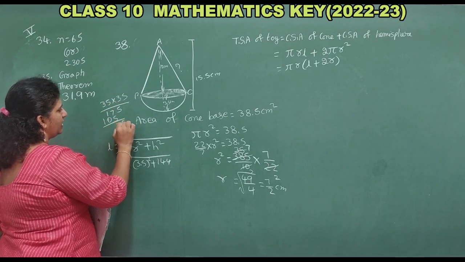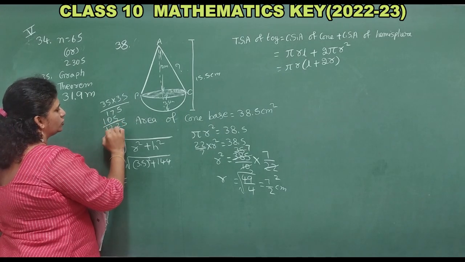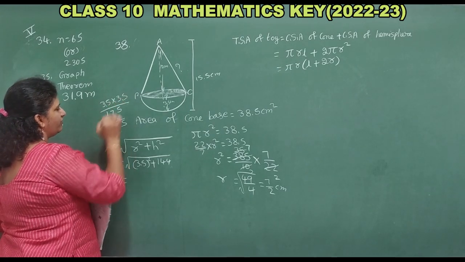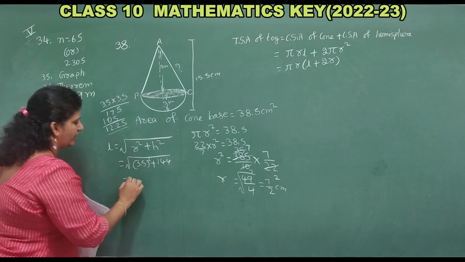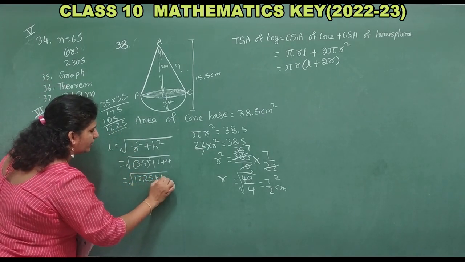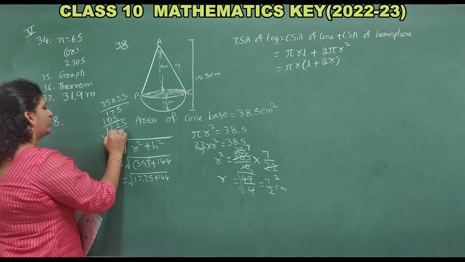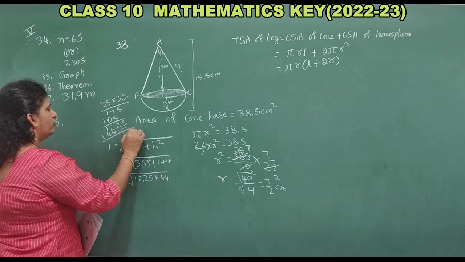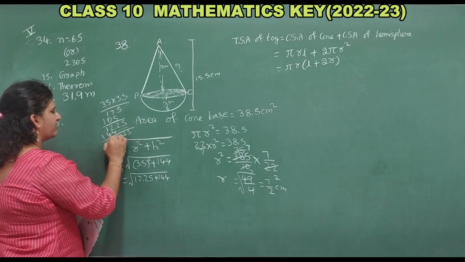And this will be 1, 2, 2, 5, that is 3.5 into 3.5 means 12.25. Square root of 12.25 plus 144. Add for this 144, what you are going to get? 156.25.